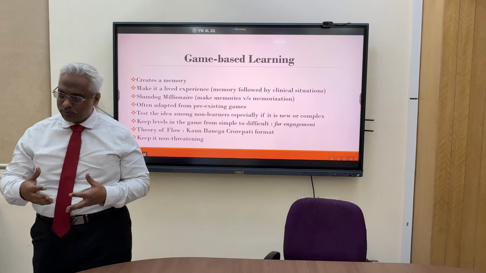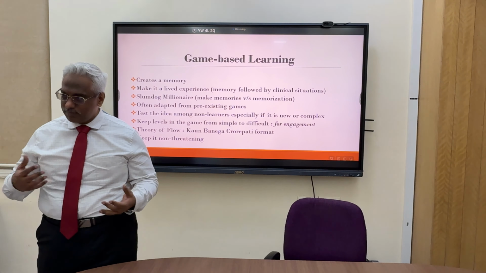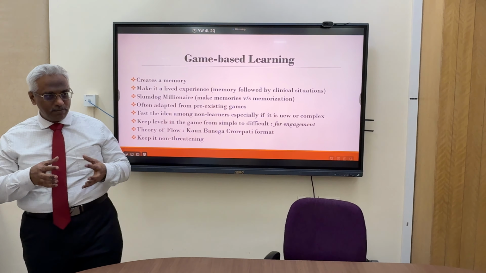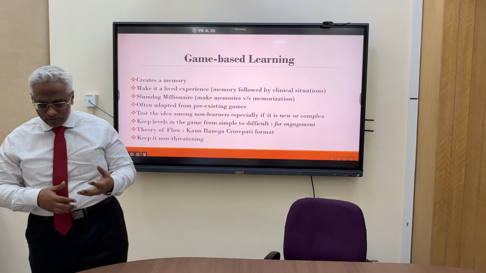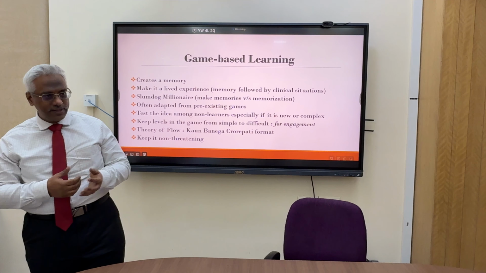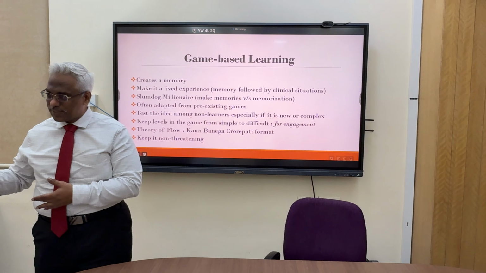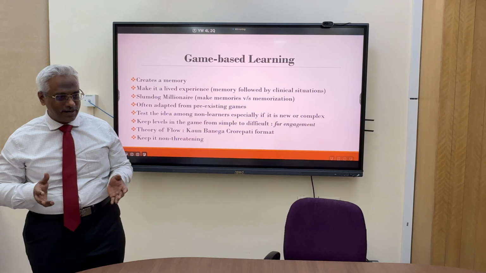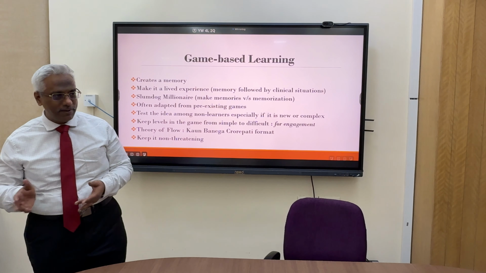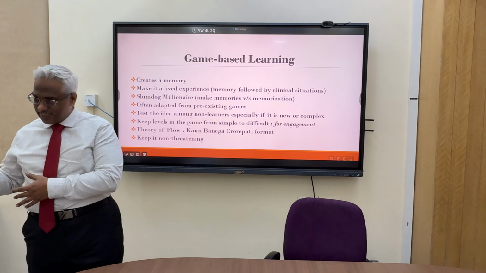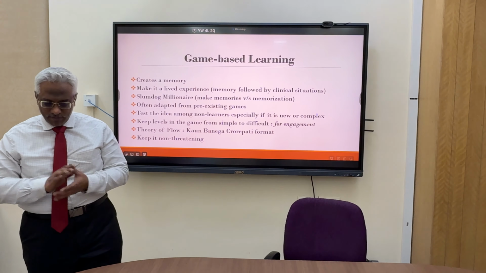So if you have situations where there is some activity associated with that particular memory, then you tend to remember it better. One of the examples is the story of Slumdog Millionaire, where he answers all his questions in that particular how to become a millionaire game because of some memory that he has with a particular incident in his life. So this is how it works.